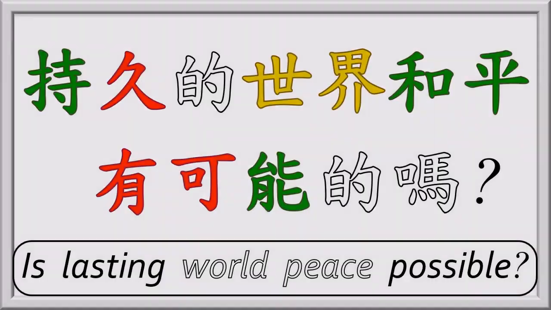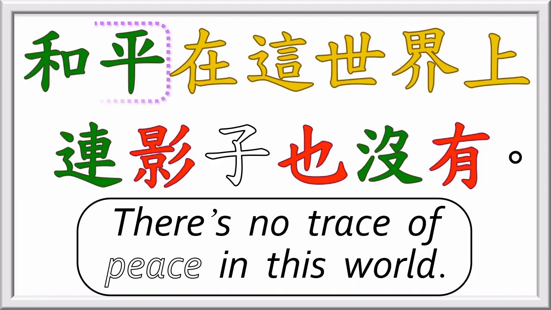We learned 和约 in Lesson 95 for a peace treaty, where 和 is actually the abbreviation of 和平, meaning peace, as opposed to outright war. 持久的世界和平有可能的吗？Is lasting world peace possible? 和平在这个世界上连个影子也没有。There is no trace of peace in this world.